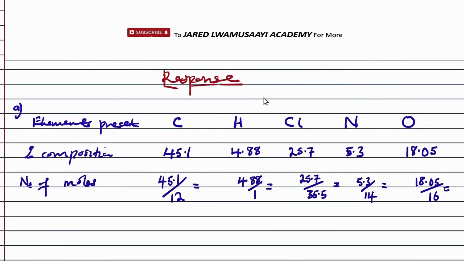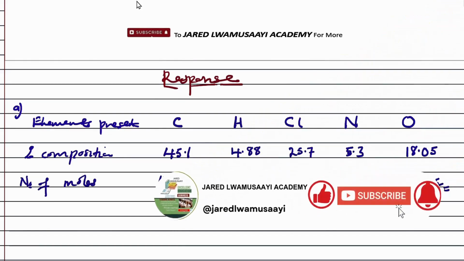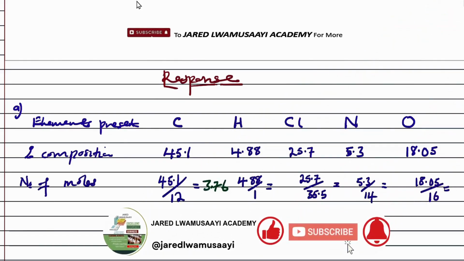So as I press the calculator for carbon, I'm getting the number of moles to be 3.75. Let me use green for the answer I'm getting, so that I can distinguish these figures. I'm getting 3.76, rounded off to 2 dp. Let us keep rounding off to 2 dp.